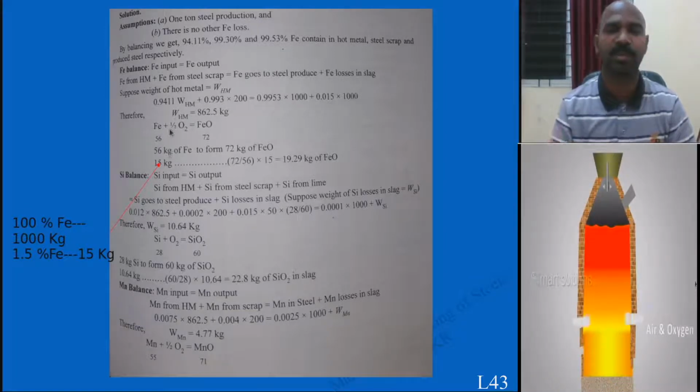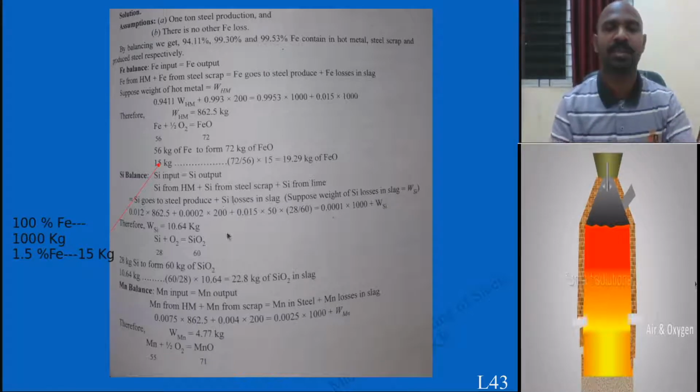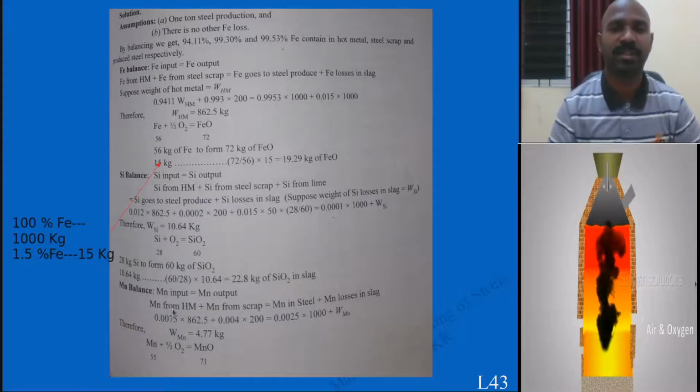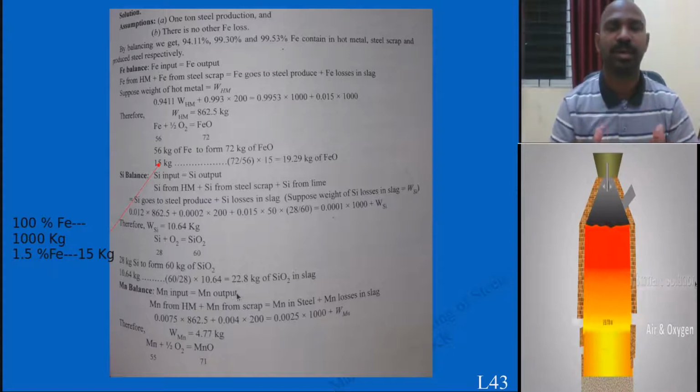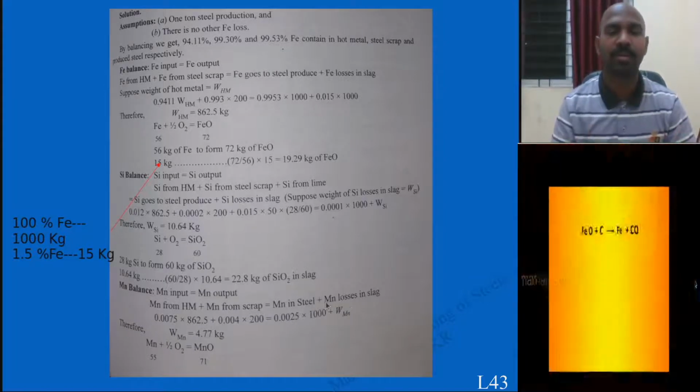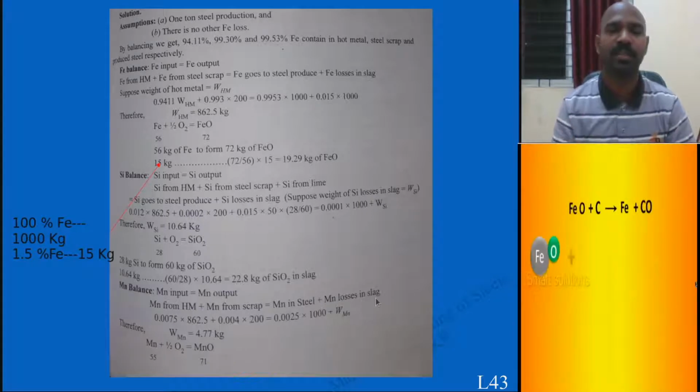Similarly, just like the iron balance you have calculated, the same principle you are going to apply. Since there is manganese, there will be manganese slag, MnO. So you need to calculate MnO input and MnO output. Mn is coming from hot metal, Mn is there in the scrap, Mn is going into the steel produced, Mn losses in slag. So you write down the equation.